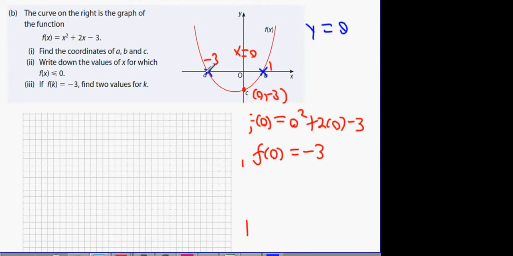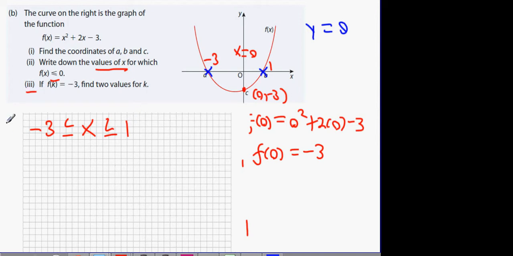Equal, I'm allowed to be equal to it, because it says less than or equal. So it's going to be minus 3 less than or equal to x. And when does it stop being smaller than? X equals 1. Less than or equal to 1.